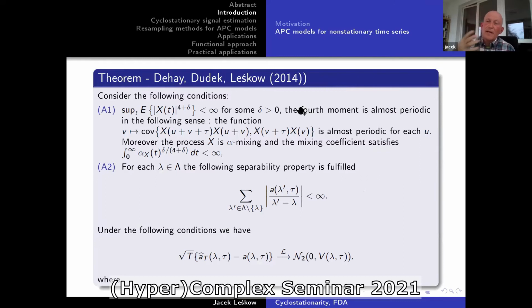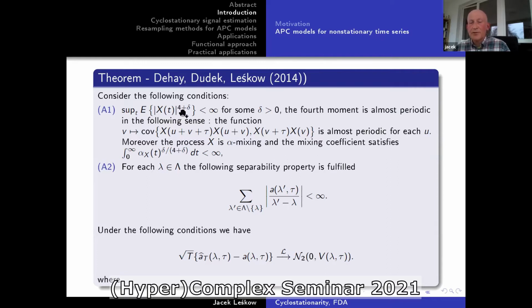You know, what kind of language we use in statistical inference for cyclostationary signals, and what are the usual conditions that are sufficient to establish good properties of our estimate. Well, let us first look at the boundedness of the moments.